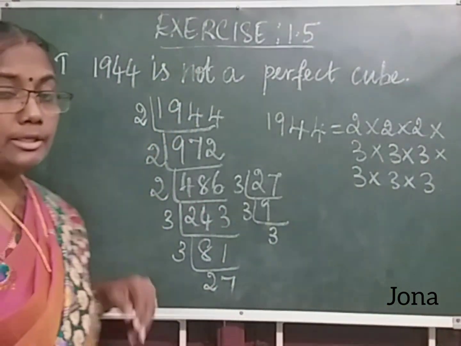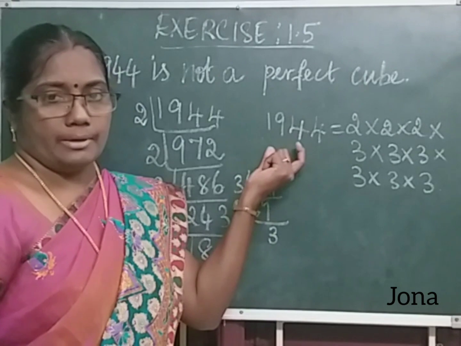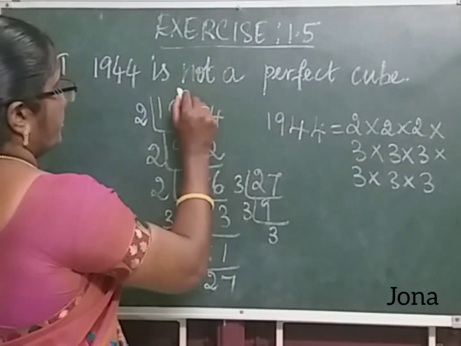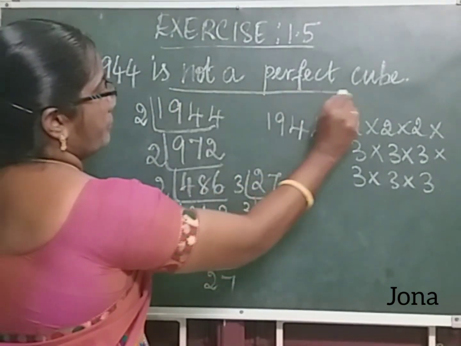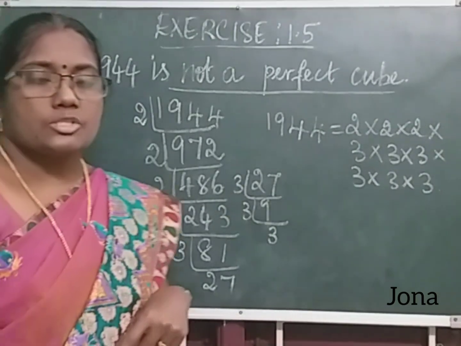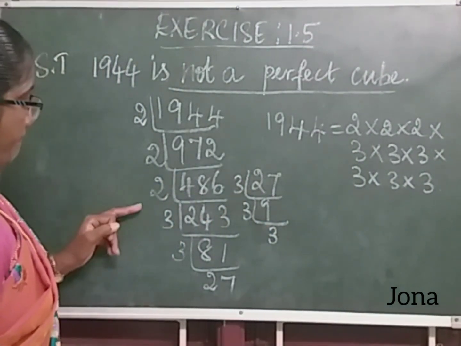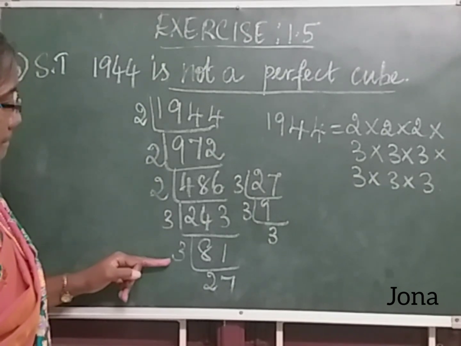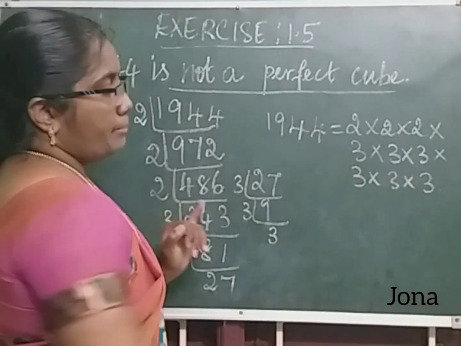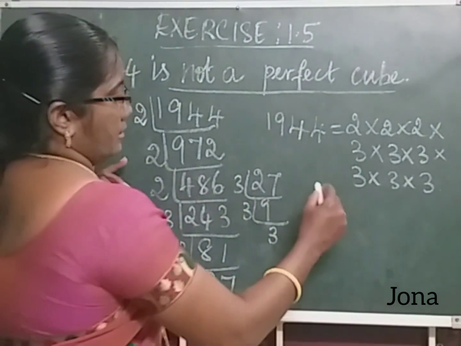I want to find the cube root of this number. Here I want to prove this is not a perfect cube. Let me see here, is it a perfect cube or not?